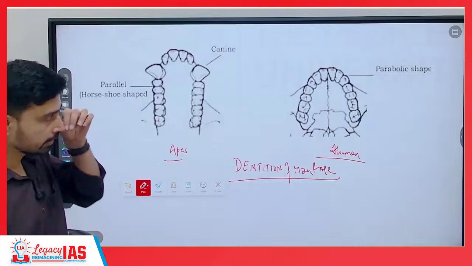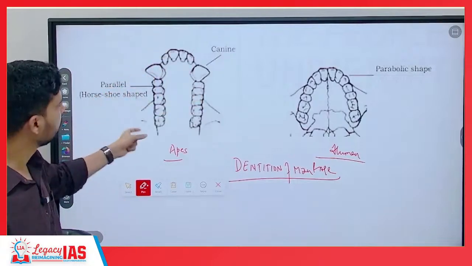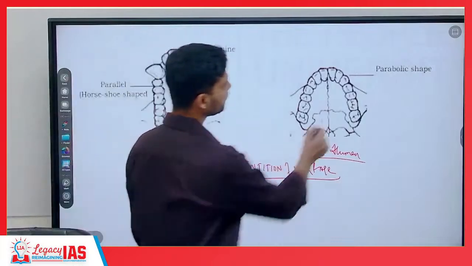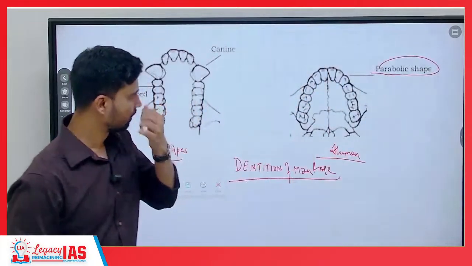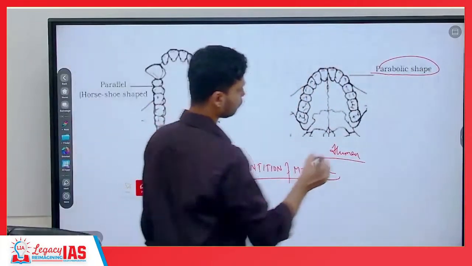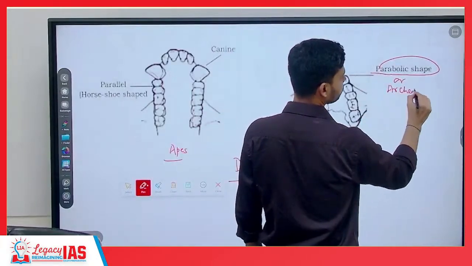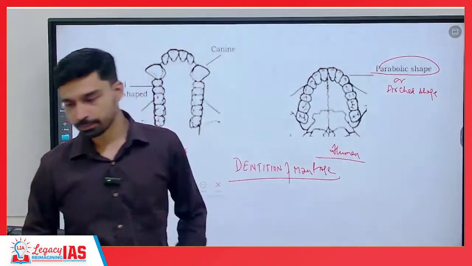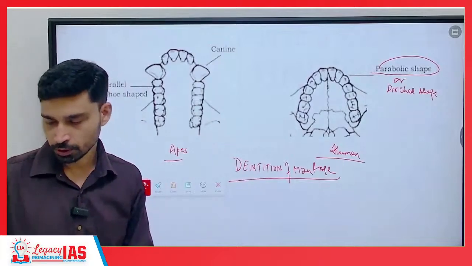The first difference is clearly given here, in the shape itself. In the apes, it is horseshoe shape. In the humans, it is curved, a parabolic or arch shape. In the apes, it is more of a U shape or horseshoe shape.